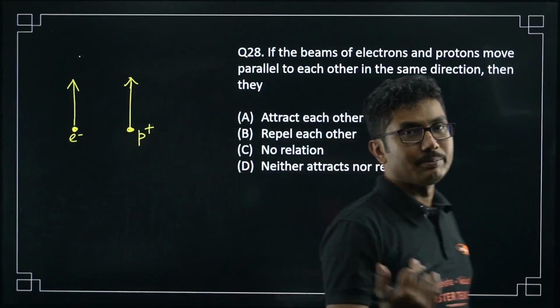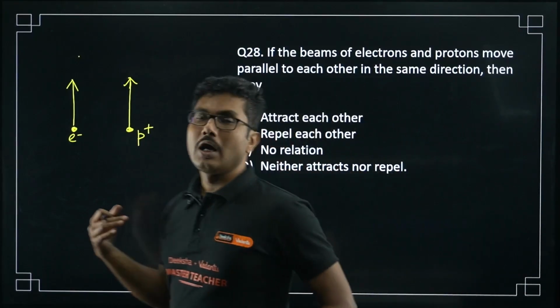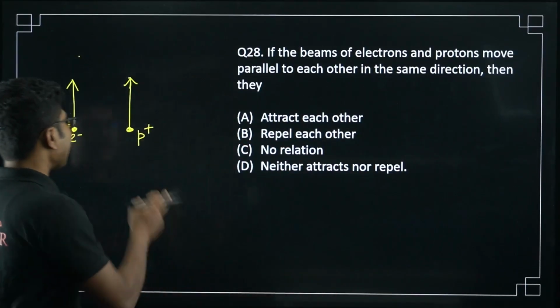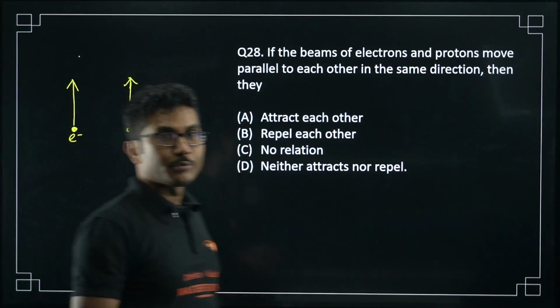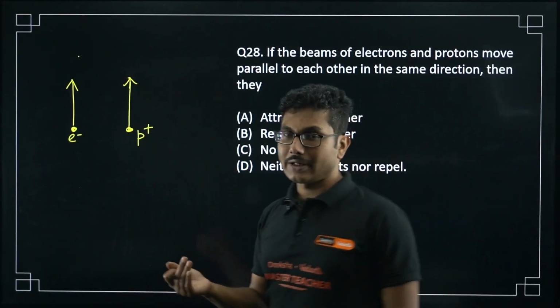Now this is not simple. In the static condition it is simple, but when they are moving, there are a lot of things. There will be a magnetic field due to the electron, and a magnetic field due to the proton. Based on their relative orientation, they will either attract or repel.